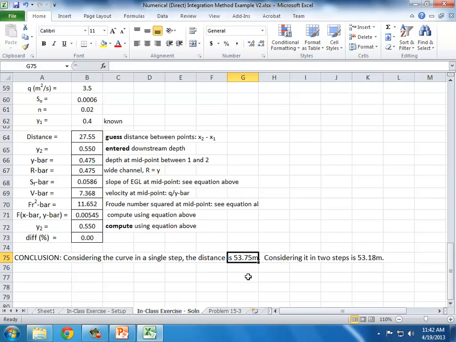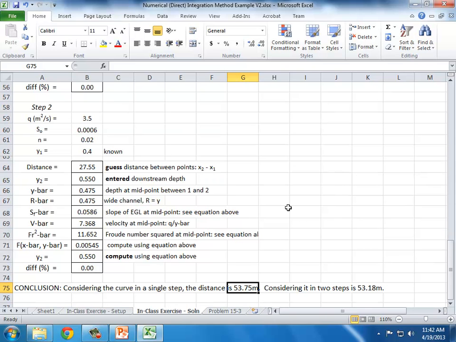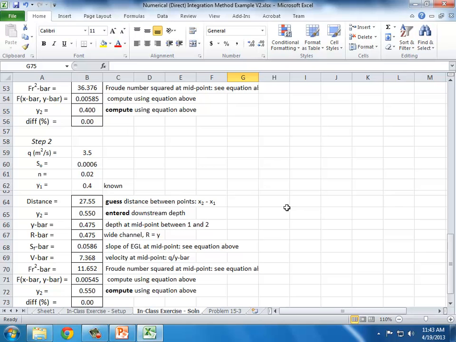And so that's a very small difference between breaking up this profile into 2 steps versus doing it in a single step. That tells us that probably just a single step between these 2 locations is adequate, that there wouldn't be any need to further subdivide and try and shoot for more accuracy, because it's already a pretty close guess.